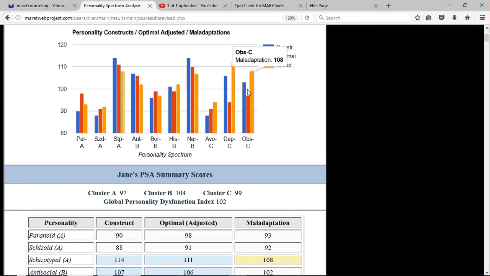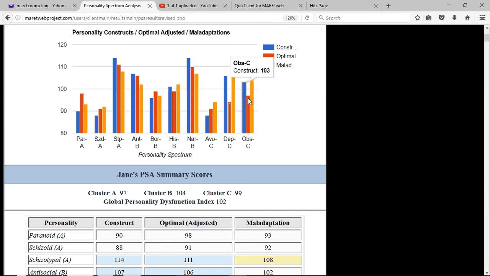What has to happen in this case, when you look at this and you see this particular configuration and somebody in that group is over 105, you usually be one of these. What has to happen rather quickly is for the maladaptation to come down and the optimal score to rise, giving way to this, or better yet, something like this, or this, or this.